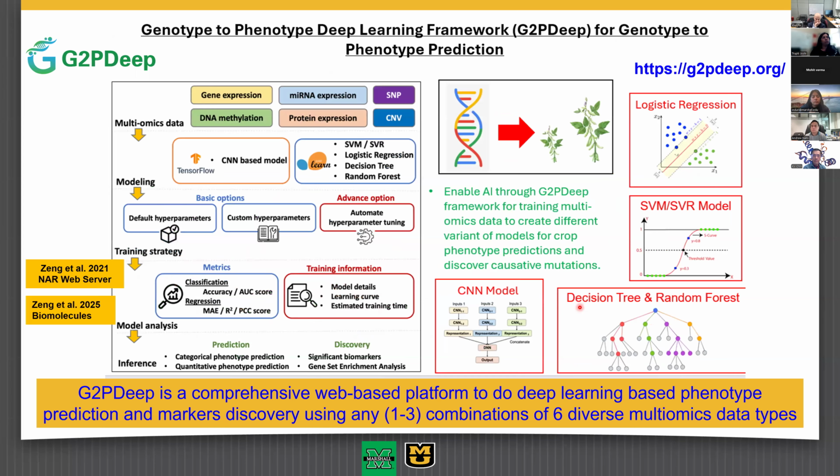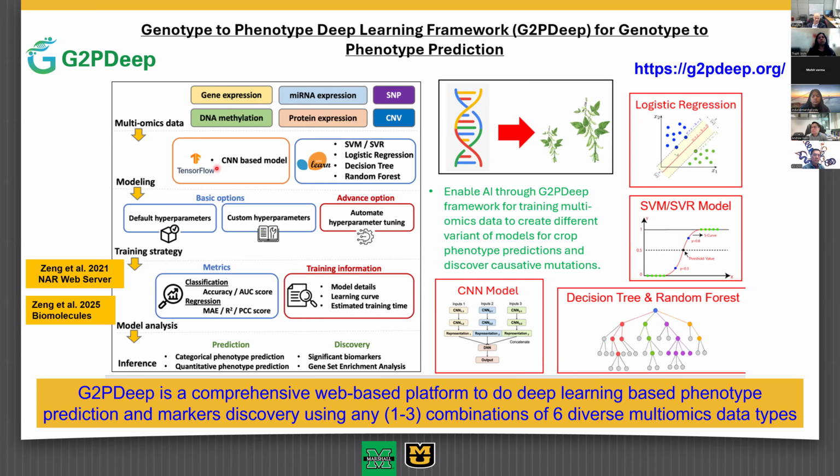With that, I want to highlight this second tool, which we are very proud about. This is a method called G2PD. It's again publicly available here, published twice already. The first version was only SNP to phenotype prediction. This is what you're seeing from the second version, where you can take any 6 types of these data sets, any combinations of 3 at the same time. You can compare machine learning tools or our CNN-based model.